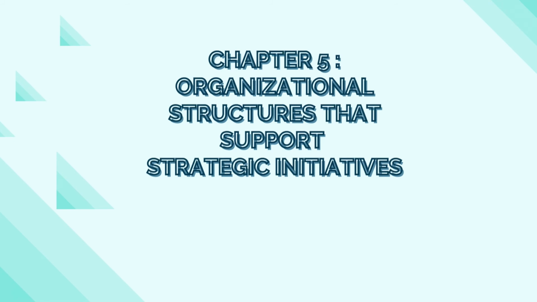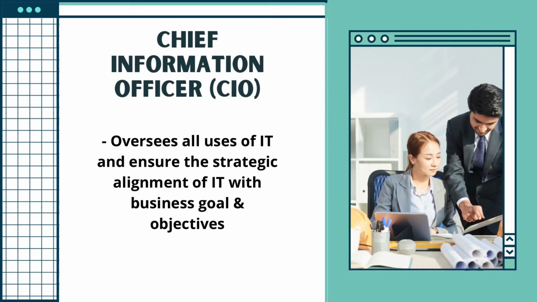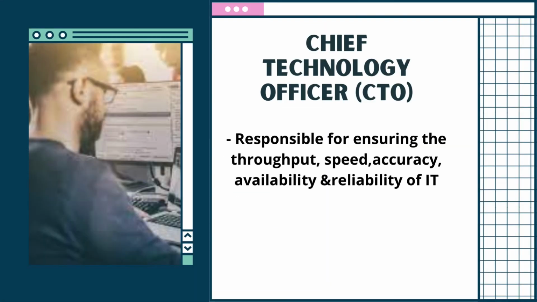Next, we move to the last chapter, which is Chapter 5, Organizational Structure that Supports Strategic Initiative. In this chapter, I will share about IT-related strategic positions. Firstly, Chief Information Officer. The CIO helps to oversee all use of IT and ensures the strategic alignment of IT with business goals and objectives.